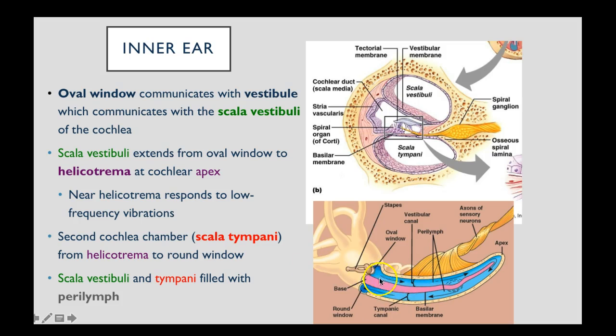So this view down here, this is the cochlea untwisted so that you can see the communication within the different regions of the cochlea here. Let's look at the stapes first. We discussed that within the outer ear, we are taking those sound waves.